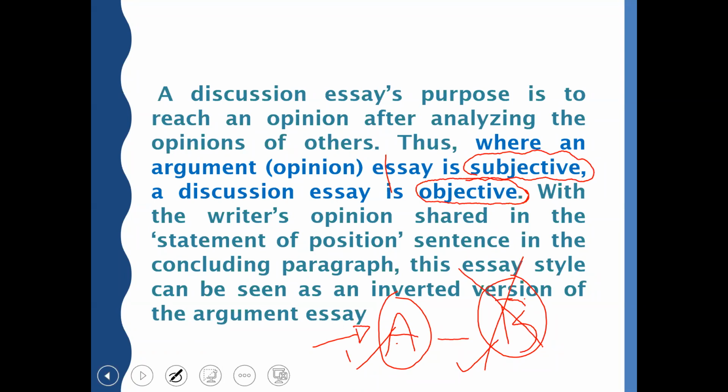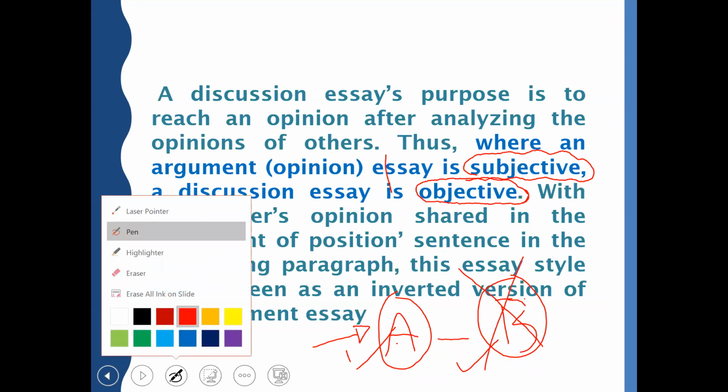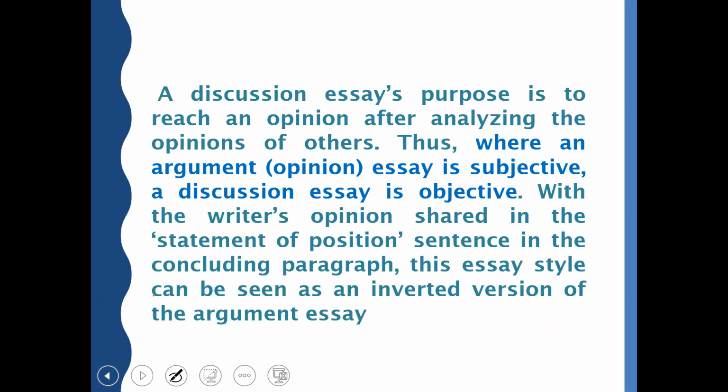You cannot do this in a discussion essay. You can do it in an opinion essay. But if the question is a discussion one, discuss and give your own opinion, then you have to discuss. You have to highlight both views. Is this clear to everyone?